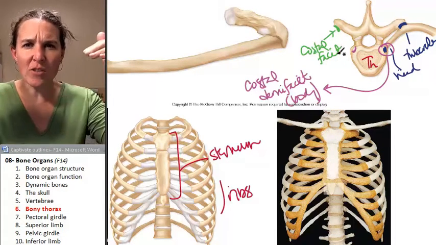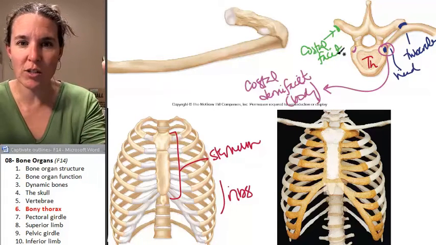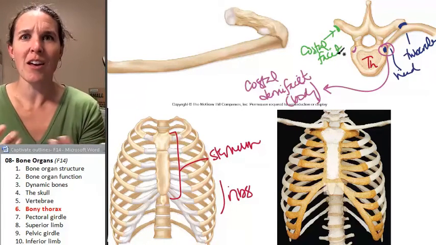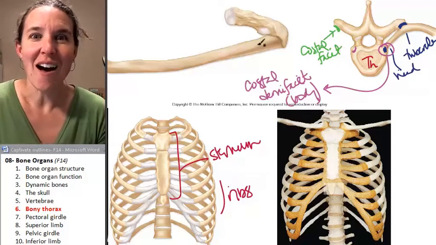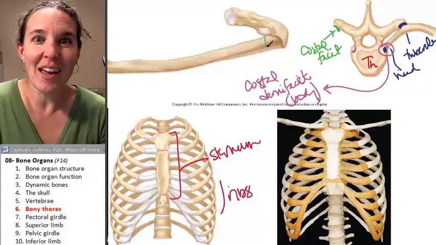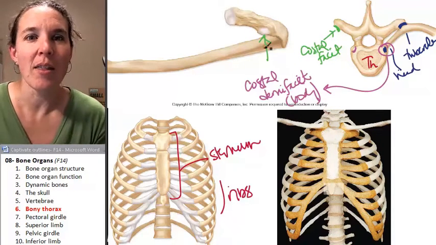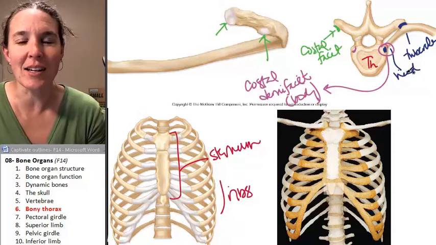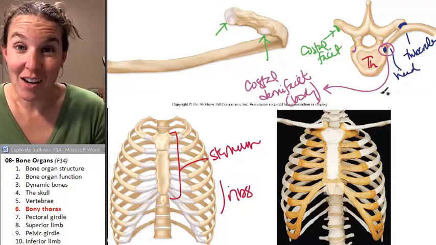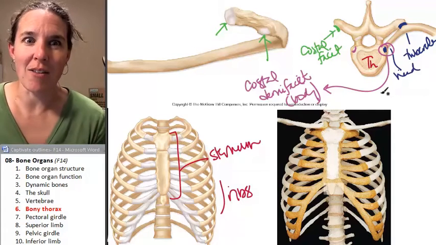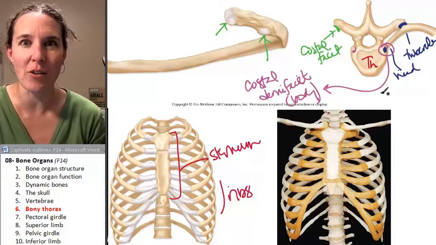The costal facet on the transverse process of the thoracic vertebra articulates with the tubercle of the rib. The head of the rib articulates with the costal demifacet on the body of the thoracic vertebra. Write that down in one little mouthful.